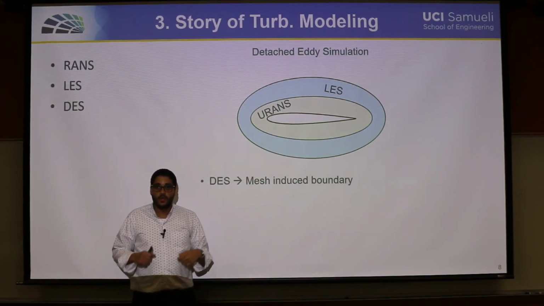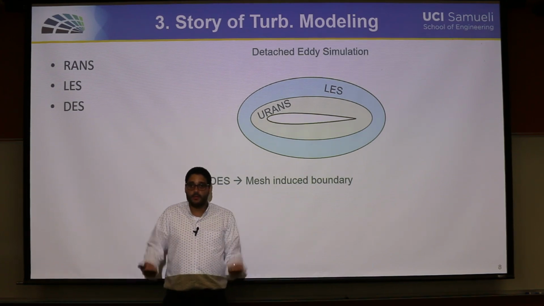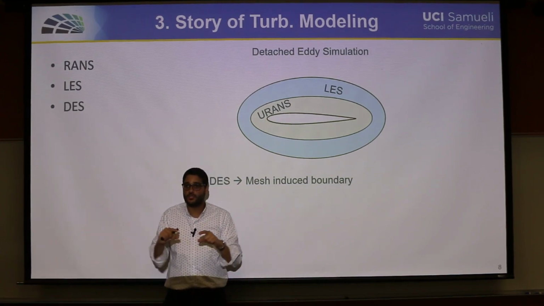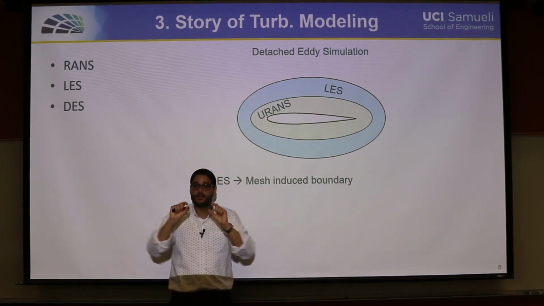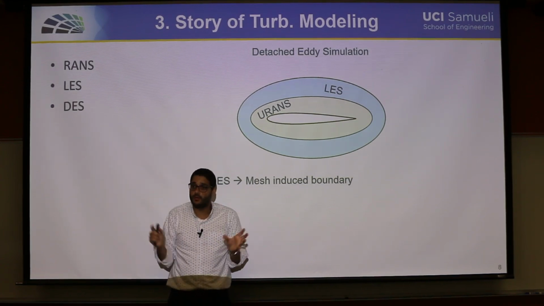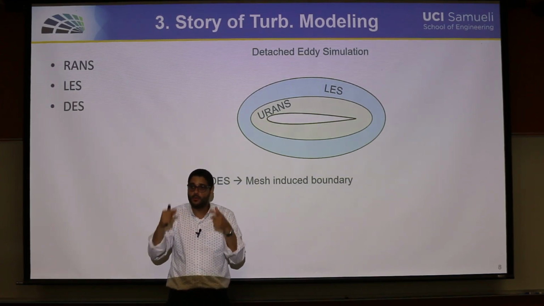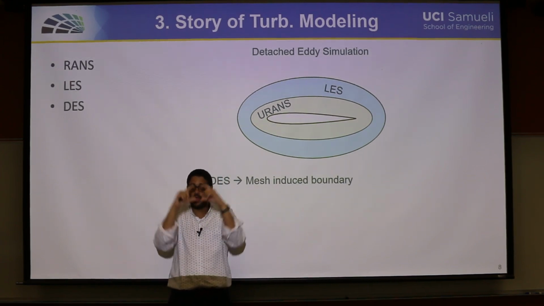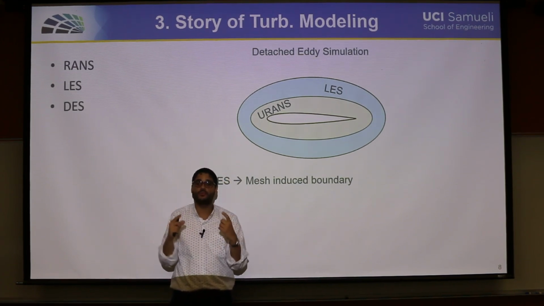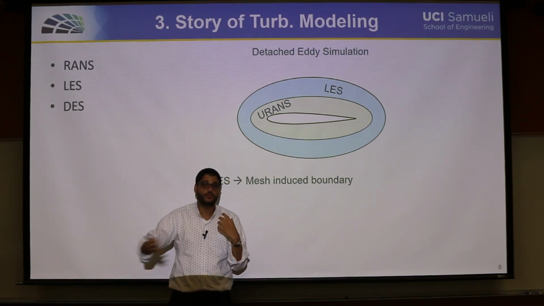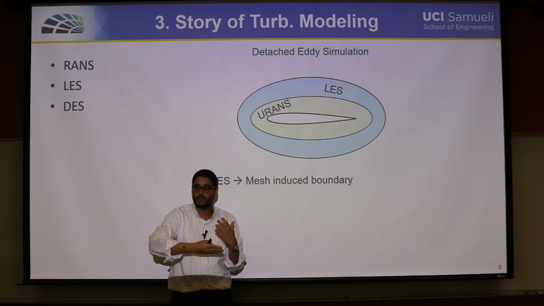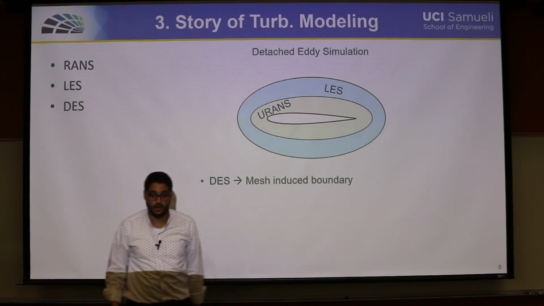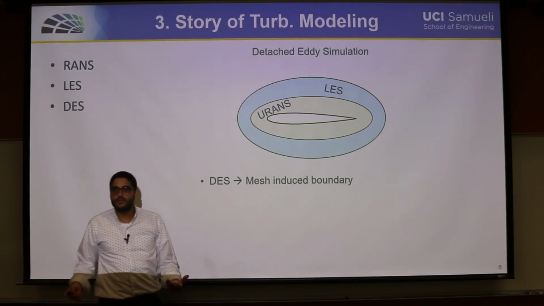So in other words, the CFD implementer should be clever enough to mesh the elements, and the rate of growth and the size of the elements, in a way to force the solver to activate the RANS in the area where RANS is more efficient, where high viscous forces are there and LES cannot penetrate in this region, and activate LES where the flow could be approximated as a free shear layer. So this was actually a very tedious thing to do.